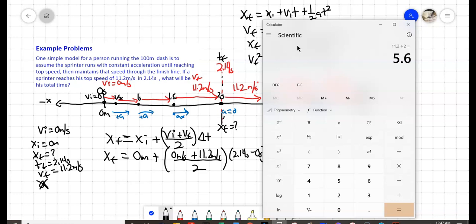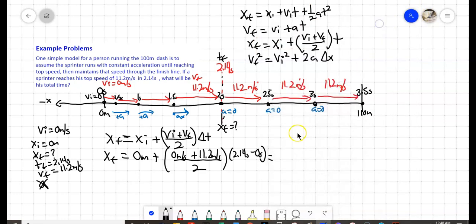And 2.14 seconds minus 0 seconds, so we're just going to multiply this 5.6 by 2.14 seconds. And that's 11.98 meters. So this person reaches their top speed in 11.98 meters. Okay? And let's just make sure that makes sense.